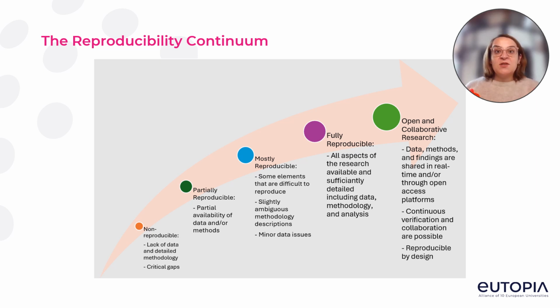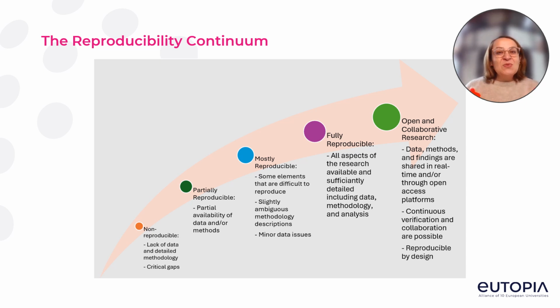Second stage, partially reproducible. Here, some aspects of the research can be reproduced, but not entirely. And this might be due to partial availability of data or methods, or because only some results can be reproduced with the provided information. The third stage is mostly reproducible, and at this stage, most of the research can be reproduced by independent parties, but there might still be some minor elements that are difficult to reproduce.